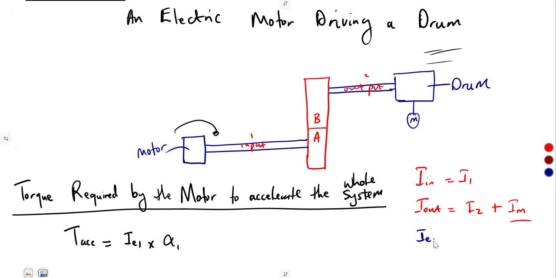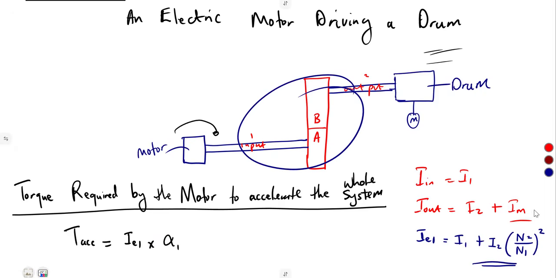In this case, equivalent moment of inertia in the input will be equal to I1, which is the input as it is, plus I2 into, as referred to the input, N2 over N1 squared, because it's just 1 and 2. As we had from a simple gear train.